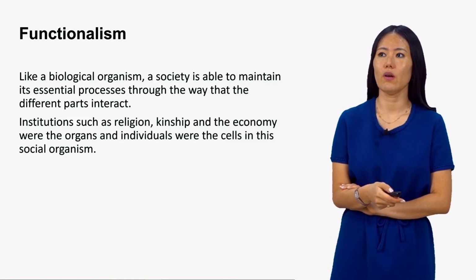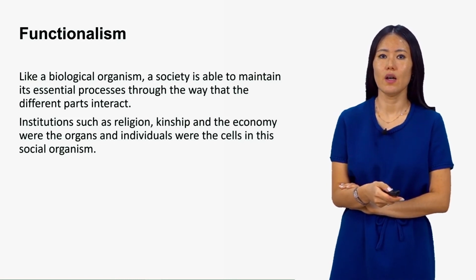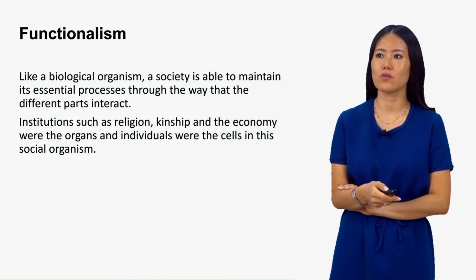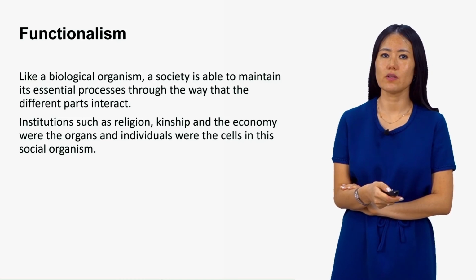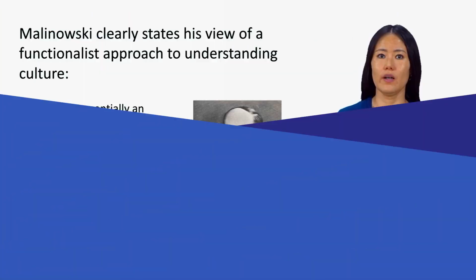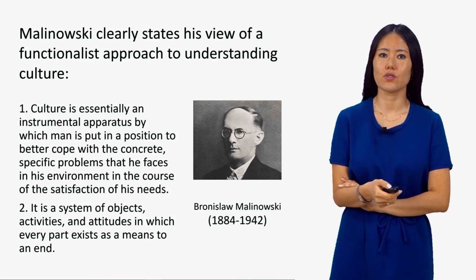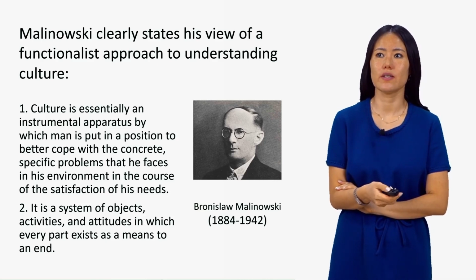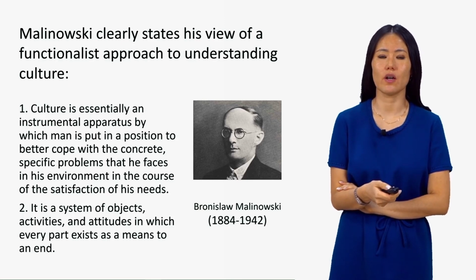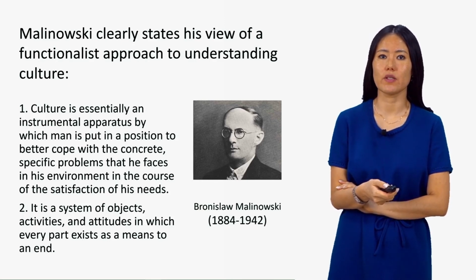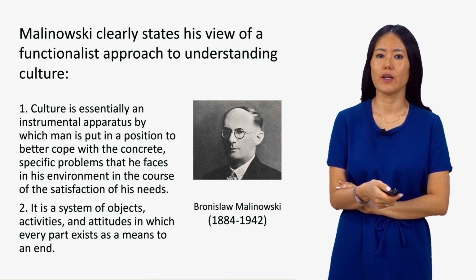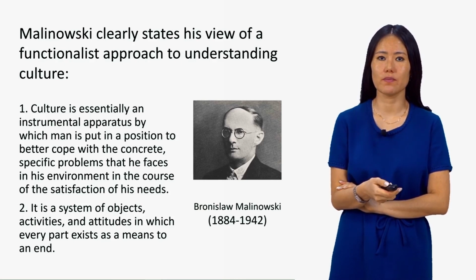On the whole, sociocultural systems function to provide their members with adaptations to environmental circumstances, and to connect them in a network of stable social relationships. In conclusion, Malinowski clearly states his view of a functionalist approach to understanding culture, and there are several main features of his point of view on functionalism.